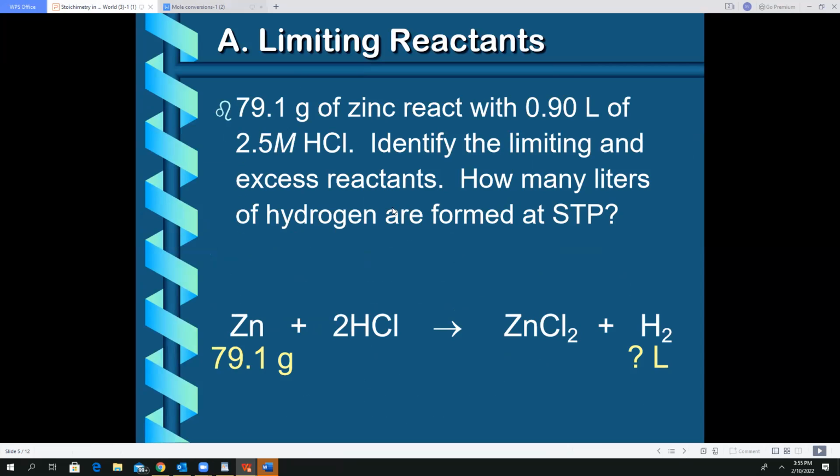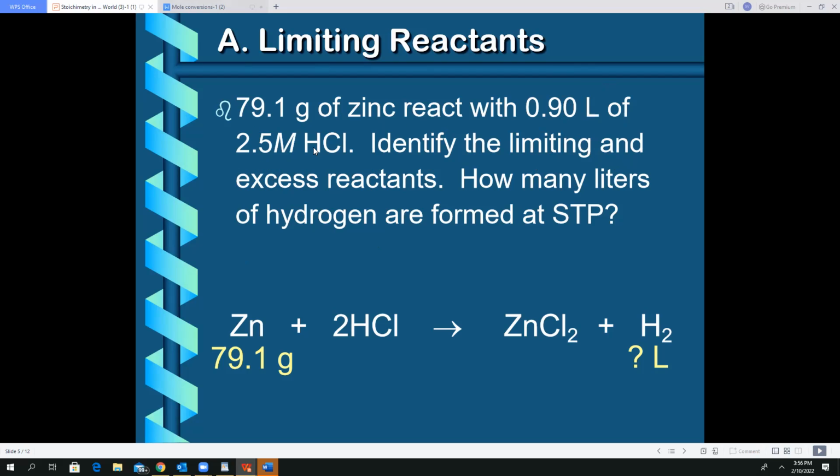All right, so what we want to know is which one of these is the limiting reactant and which one's the excess. You notice they're giving it to you in liters, which means we need to figure out the volume, and it's giving it to you in molar, which means we need to figure out the concentration.